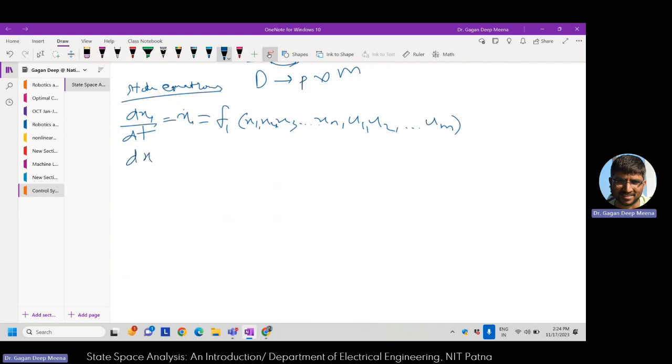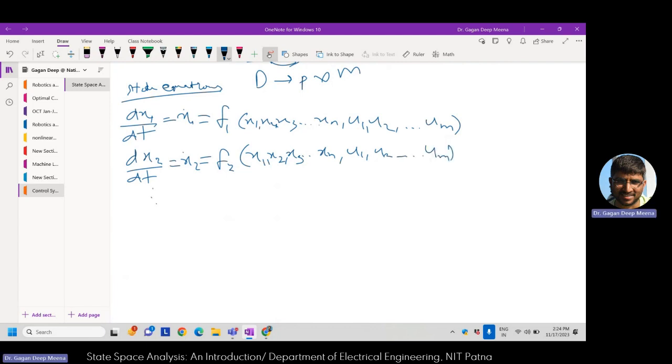Then you have dx2 by dt, which is x2 dot, and that's your function 2 of x1, x2, x3 until xn, and then u1, u2, um.